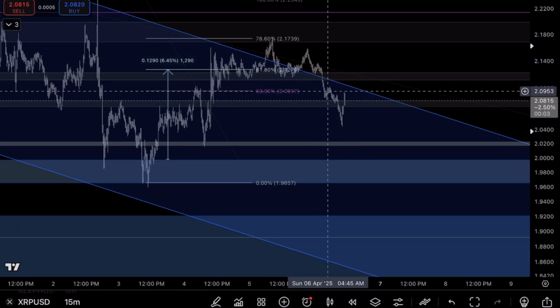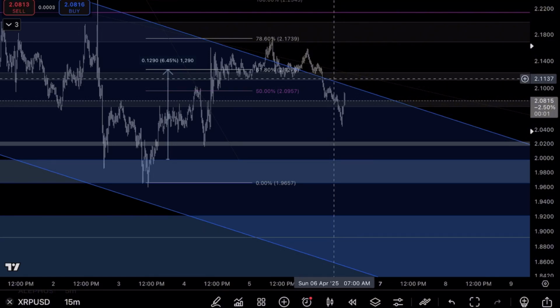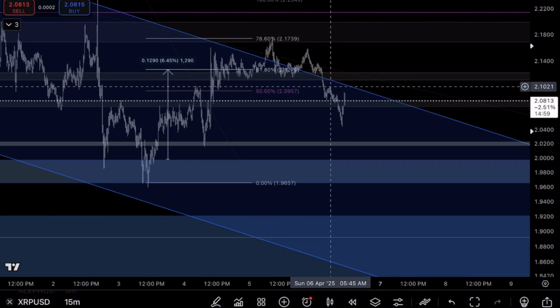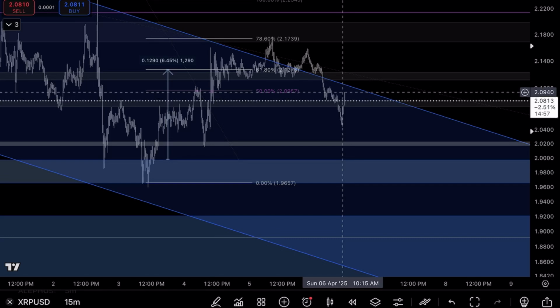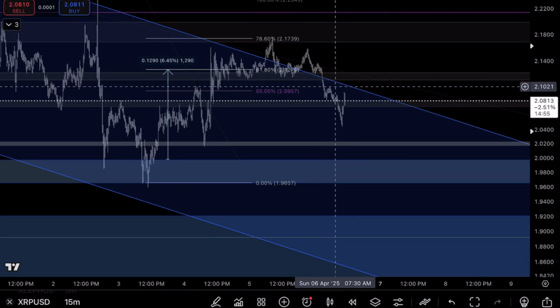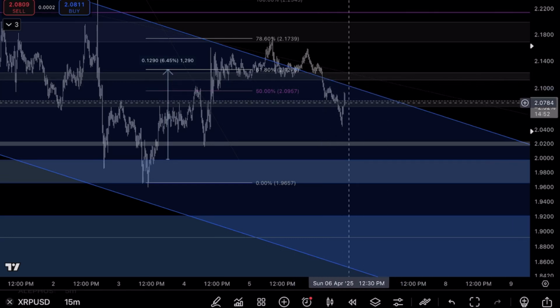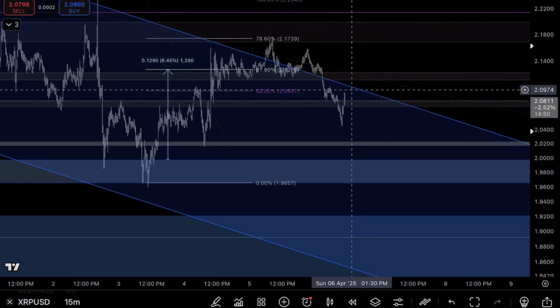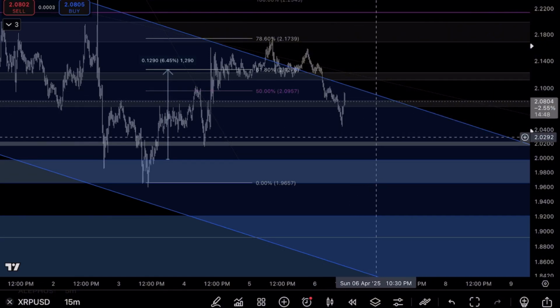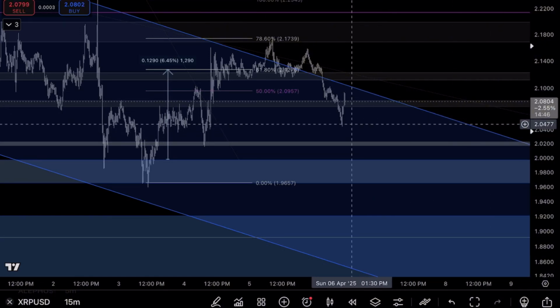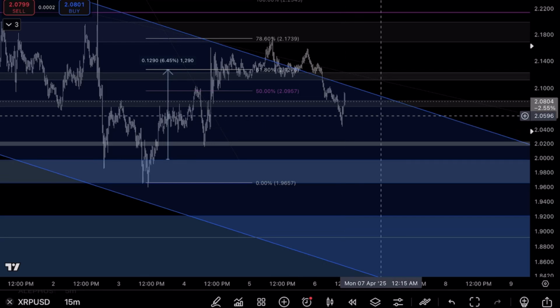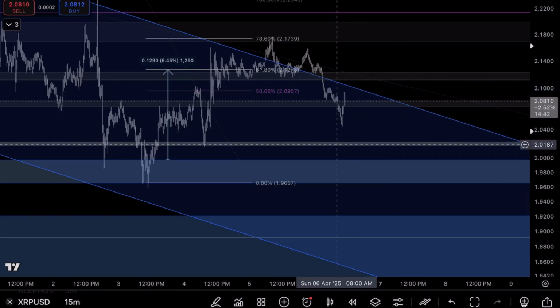I probably could bring it down just to see how it reacts to this peak. Is it going to break this structure, or is it going to go up and come back down to the support, which I have an alert right below here? And then you just start the process all over again.